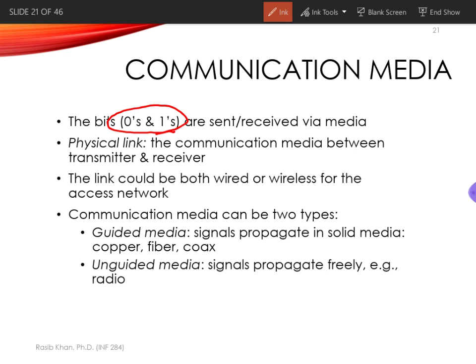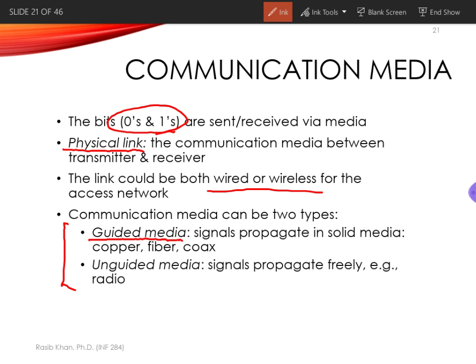So the physical link is the actual physical media which connects the transmitter, that is the sender, and the receiver of this stream of zeros and ones for establishing the communication network. And it could be both wired or wireless, and we define media, from a very broad perspective, as two kinds.